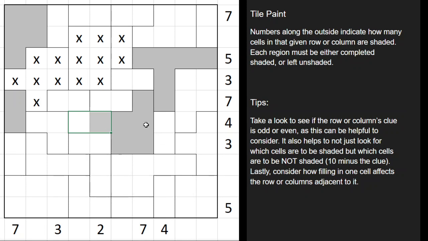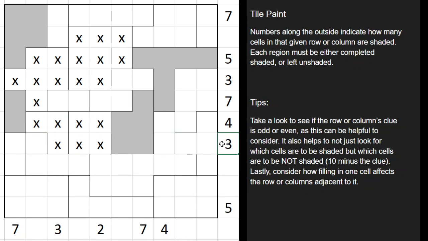Otherwise, if we had 1, 2, 3, and we filled in this region, that'd be 5. So we know this region here is unshaded, and we know this region here is unshaded. And we know we have to shade in either this cell, or this cell. We actually can't shade in this one because it would spill down to the rest of that region, and this 3 would be broken because you'd have these 2 and these 2.